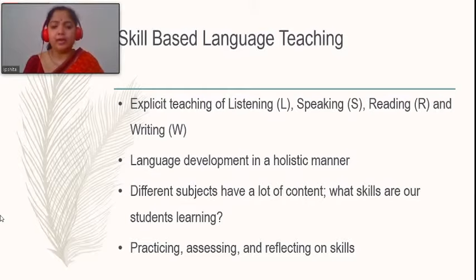Now, one very important question that we have as teachers is, we have to teach them science, maths, environmental science, EVS, history. All these things we have to do with them. So there is a lot of content that we have with us in the textbook. But while we're teaching the content, other than information, what are our children learning? What skills are we giving them? So that we can say that yes, after 5 years of school, they will be able to do these things.